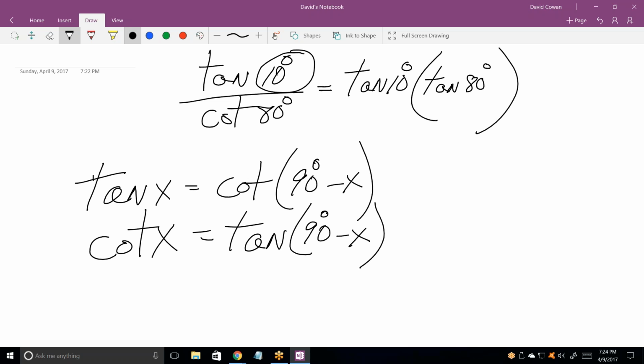I guess it is. What am I missing here? Tangent of 10 degrees is in the numerator. The denominator of cotangent of 80 is equal to a numerator of tangent of 80.